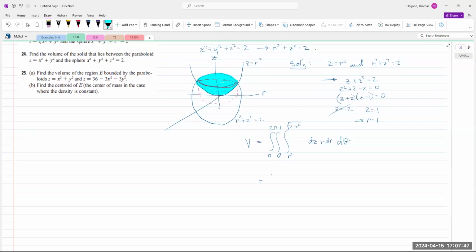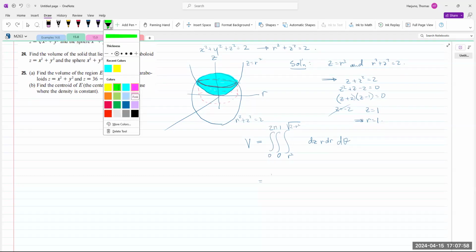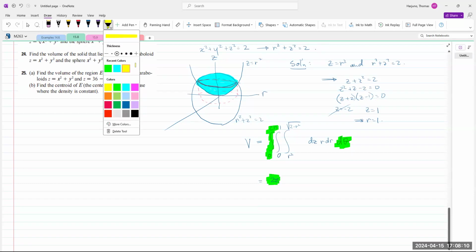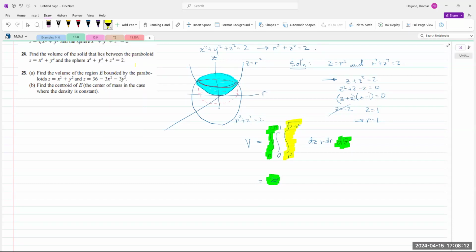well, you know what, let me use a different color so that you don't confuse that with the blue color I used earlier. This guy will give me 2 pi. And then this guy here will give me just the length of the interval, right?